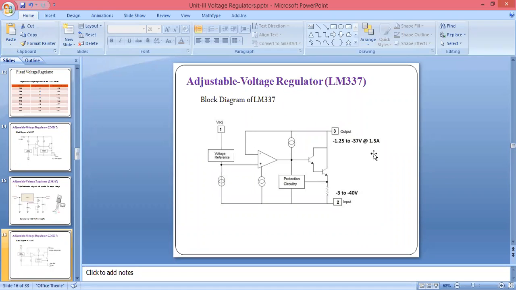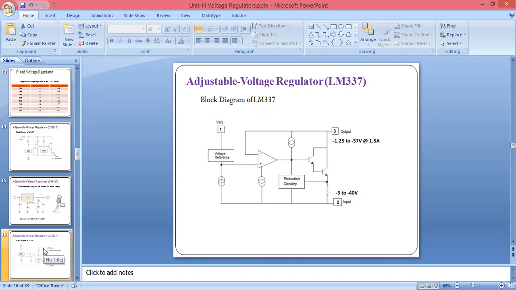So we can adjust the output voltage from minus 1.25 to minus 37 volt, and it will happen at 1.5 ampere. So by using LM317 and LM337, we can convert input voltage into a variable or adjustable DC voltage at the output over a load current of 1.5 ampere.